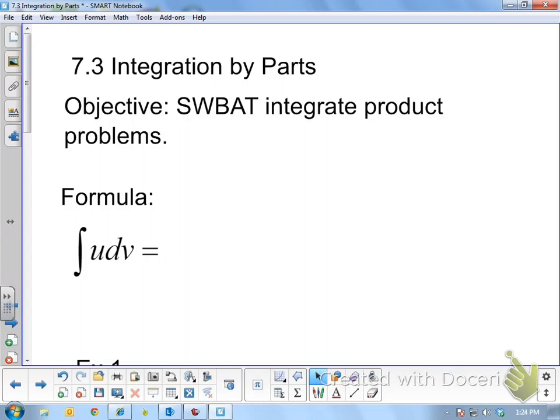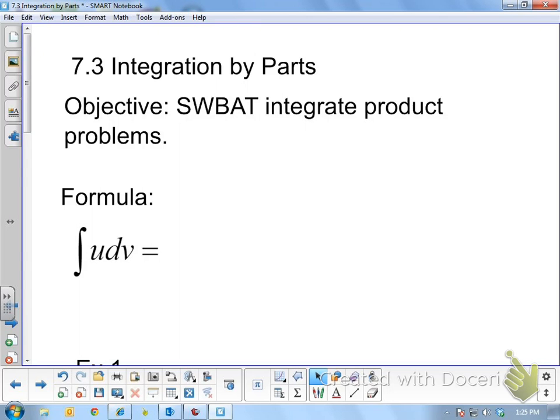So the formula we will be using is the integral of u dv. Notice these are separate letters, and there's a reason for that. You'll see that when we get to the example. So we're not integrating with two separate letters. It will all be x's really. But we label one as u and label one as dv.